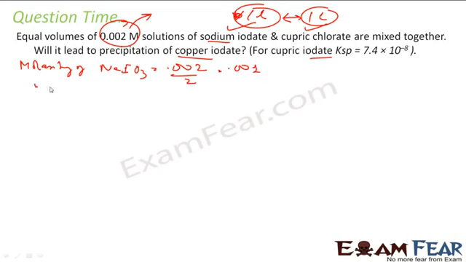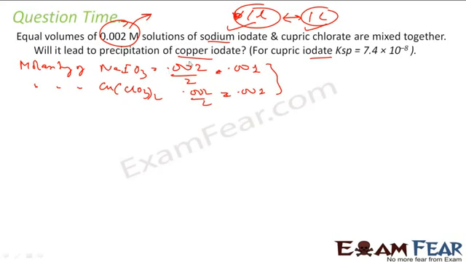Similarly, the molarity of cupric chloride will also be 0.002 by 2, that is 0.001. Why? Because the volume was 1 liter, now 1 plus 1 is 2 liters. The volume is double, so the molar concentration will go down.